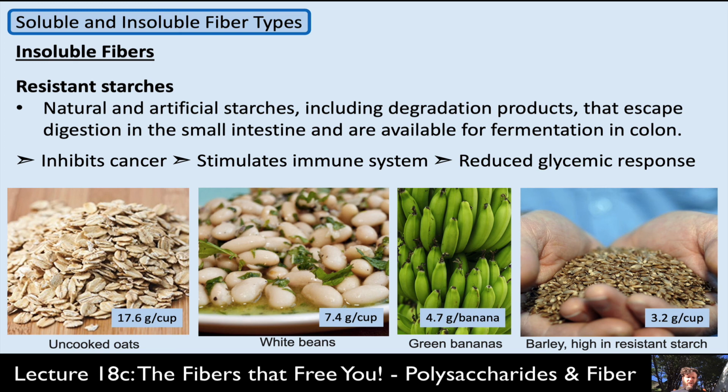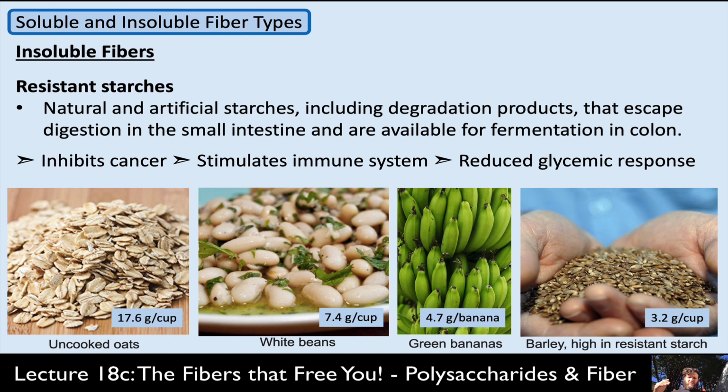And these resistant starches are super important. Having diets high in resistant starch is associated with reduced incidence of colon cancer, different types of cancer. Besides that, it also is stimulatory for the immune system and gives a much reduced glycemic response.